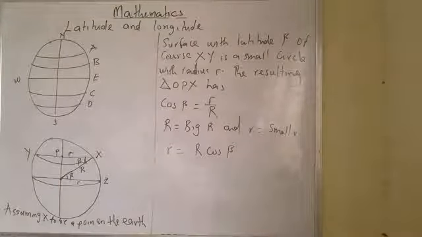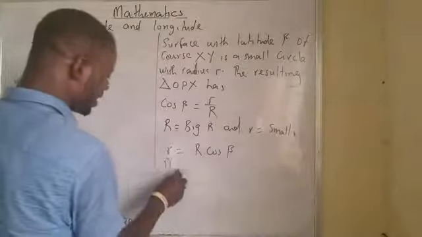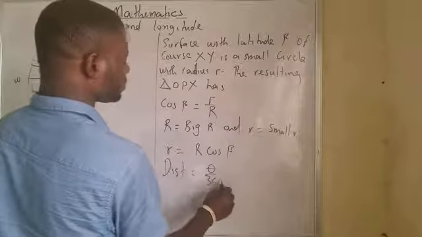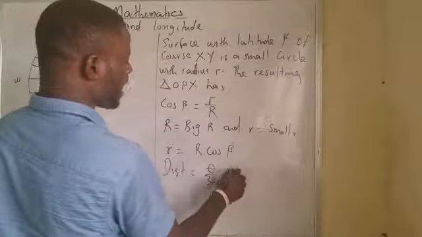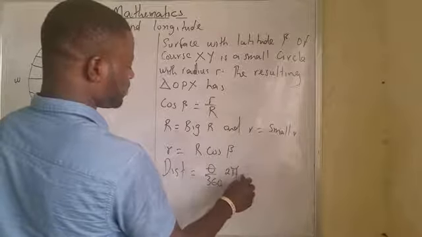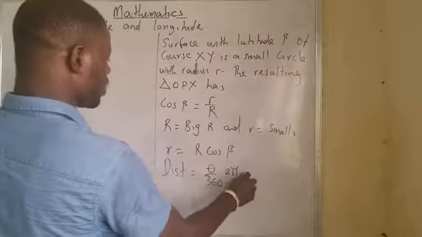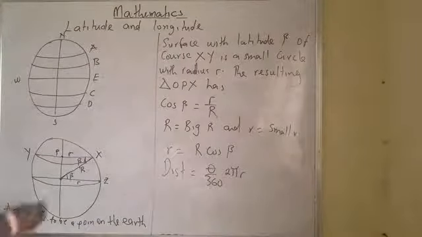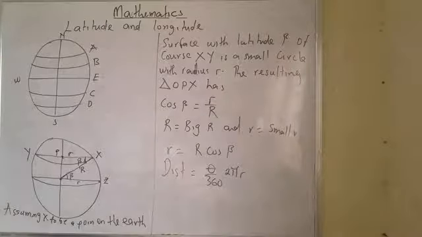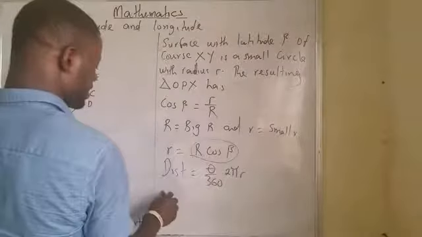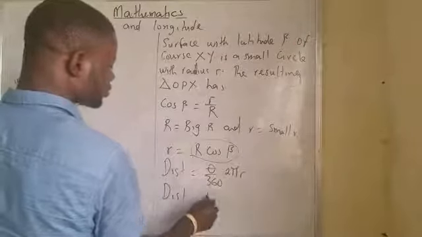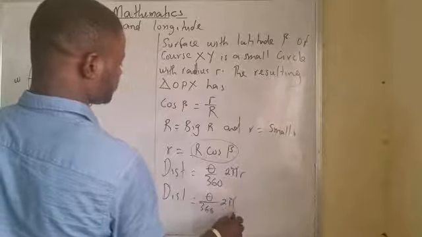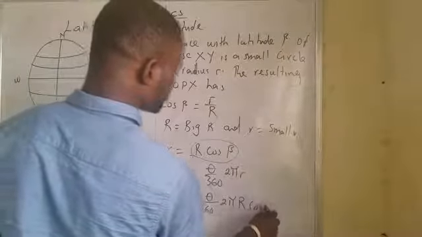Now, if I'm talking about distance, the distance will be equal to theta all over 360 times 2 pi small r. But my small r is given by this, so my distance will be equal to theta all over 360 times 2 pi R cos beta.